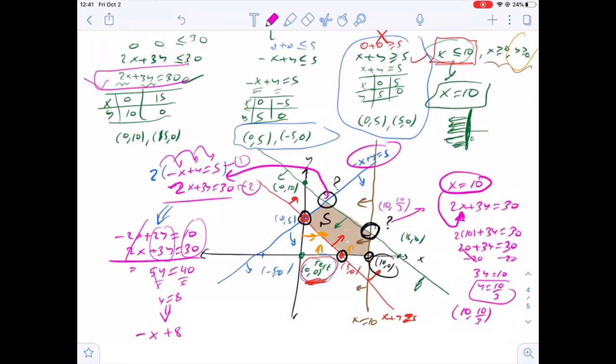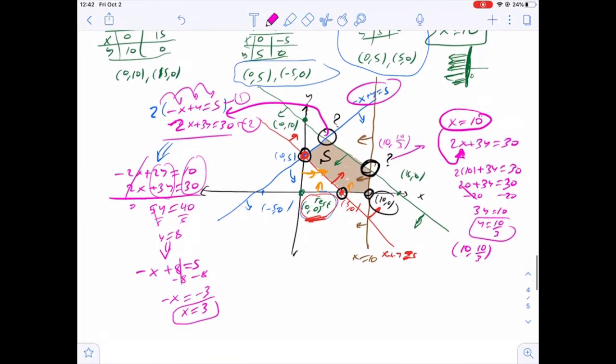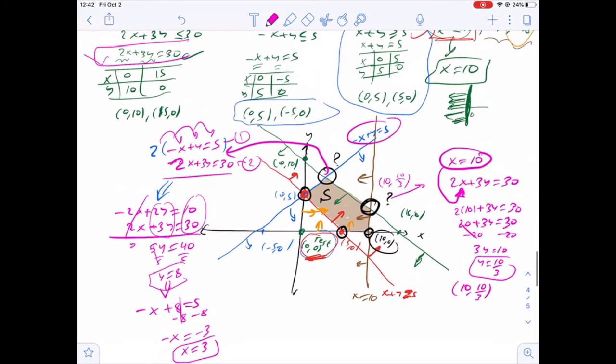We have negative x plus y equals 5. Subtract 8, you get negative x equals negative 3. That means x equals 3. So the point is (3, 8). X is 3 and y is 8. So this point here is (3, 8).